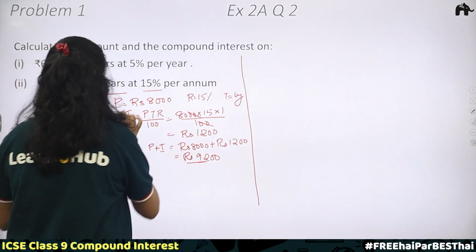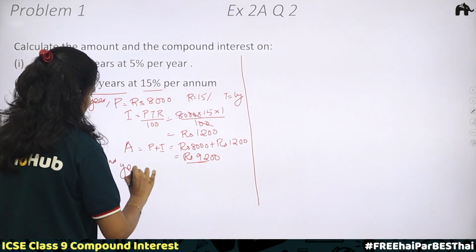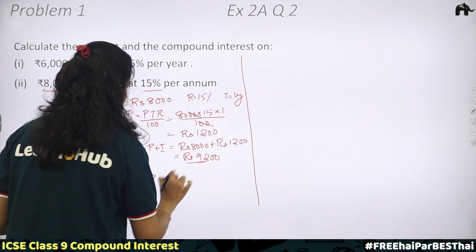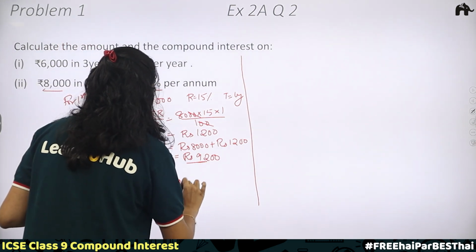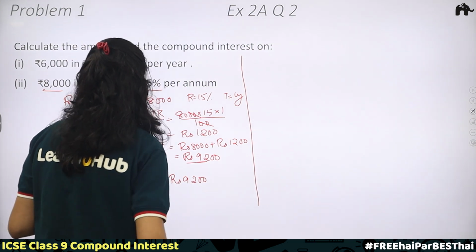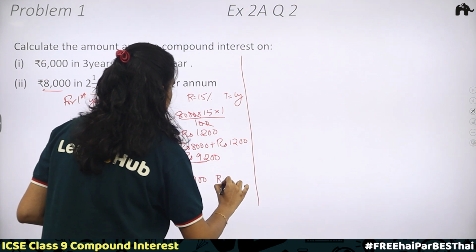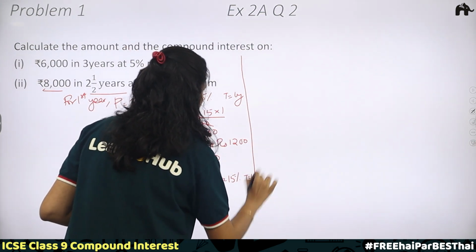Okay. Now we'll find for second year. For second year, what is the principal? Principal will be the amount at the end of first year, that is rupees 9,200. Okay, principal is rupees 9,200. Then the rate of interest is same, which is 15%, and time will be 1 year.